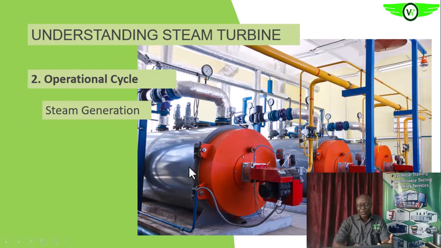Okay, so that heat energy within the boiler itself will be absorbed by the water. Okay, so the water will now convert that heat energy into kinetic energy in the fast moving steam. So that kinetic energy, contained in the fast moving steam, is what we are actually interested in.